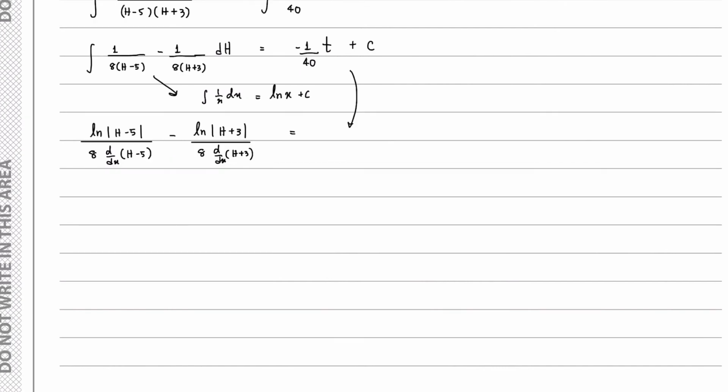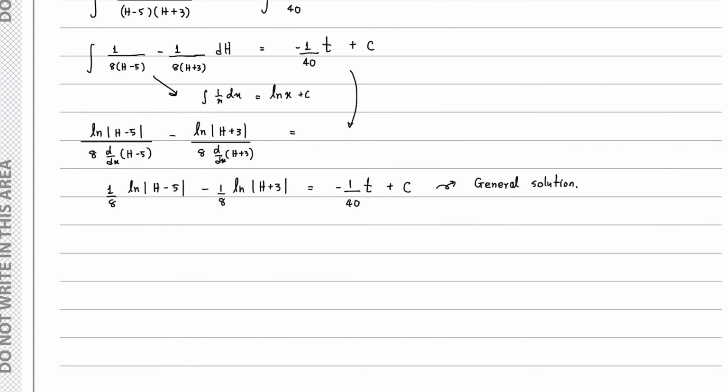And then we differentiate these two terms and simplify. So it will be 1 over 8 ln h minus 5 minus 1 over 8 ln h plus 3 equals minus 1 over 40 times t plus c. We can call this one a general solution.